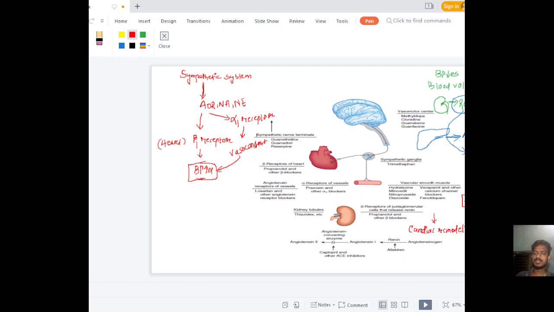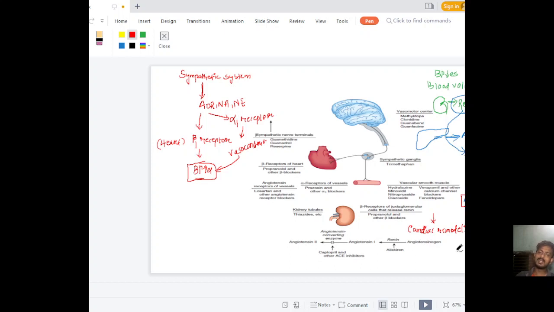Third, it causes aldosterone release, and this aldosterone will retain sodium and water. Ultimately these three cause an increase in your blood pressure.